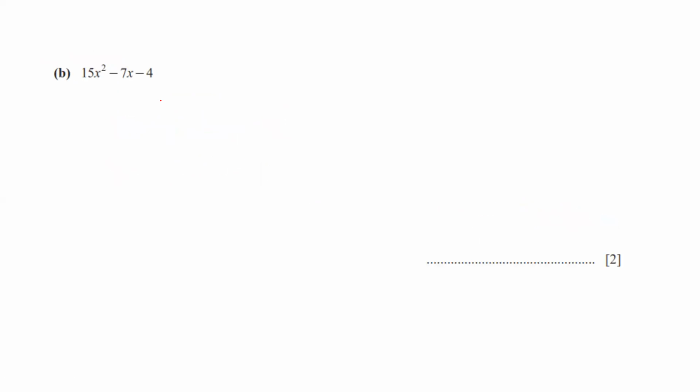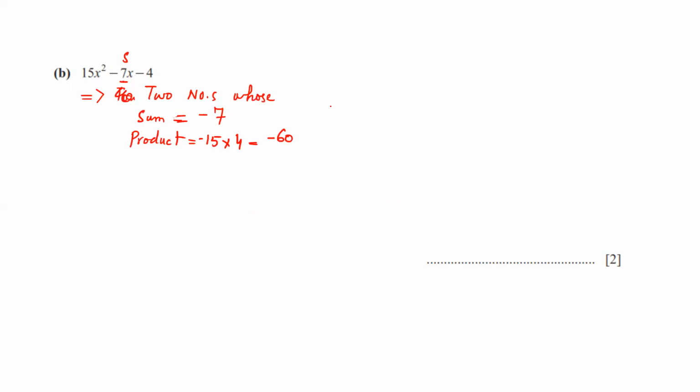Then question 22 part B, it says factorize now 15x square minus 7x minus 4. So remember, you have to find two numbers whose sum is equal to minus 7 and whose product is equal to 15 multiplied by minus 4, that is minus 60.